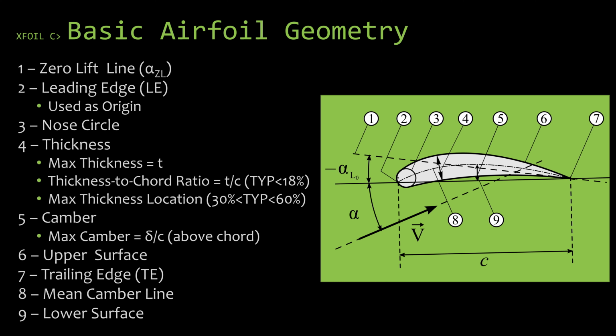It's just the line that you get if you take from the upper surface, from the leading edge to the trailing edge. It's the upper line, the outer mold line, if you want to call it that, of the airfoil above the leading edge and trailing edge, and the lower surface would be the shape or surface of the airfoil below the leading edge and trailing edge.